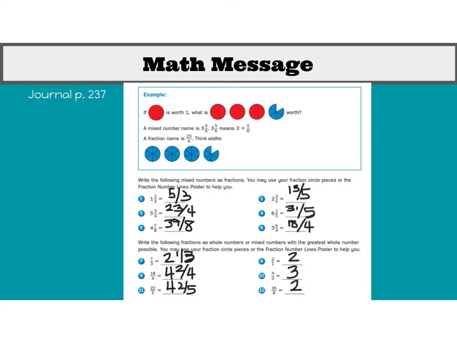And then we jump down to the bottom section, number 7, 2 1/3. 8, notice this looks a little different here. Your answer should be 2. Number 9, 4 2/4. 10, 3. And 11, 4 2/5. And 12 would be 2.